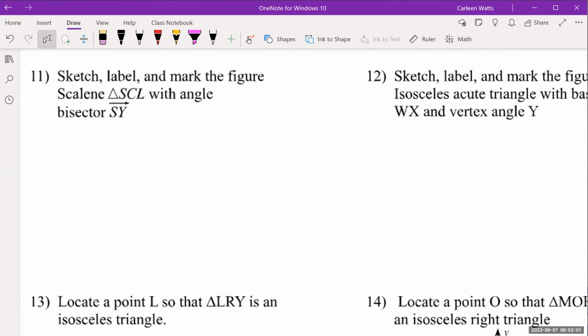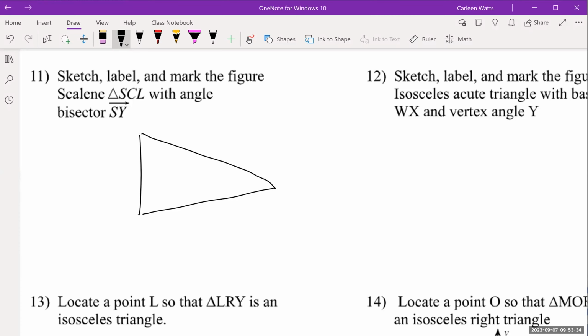Okay, so I'm going to draw a scalene triangle, SCL. Scalene triangle. It doesn't say anything about the angles. And one of the angles is going to have an angle bisector. So scalene. That almost looks isosceles. Okay, anyway, it's scalene.